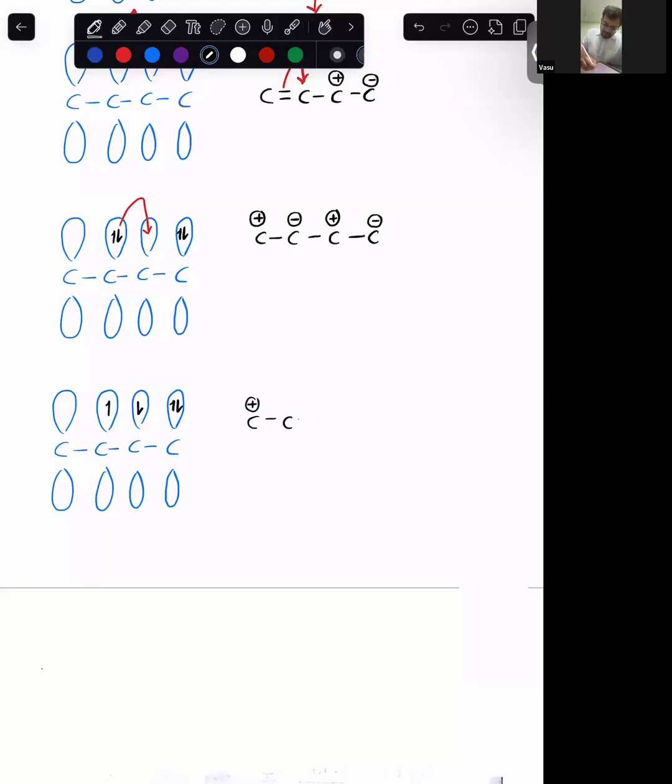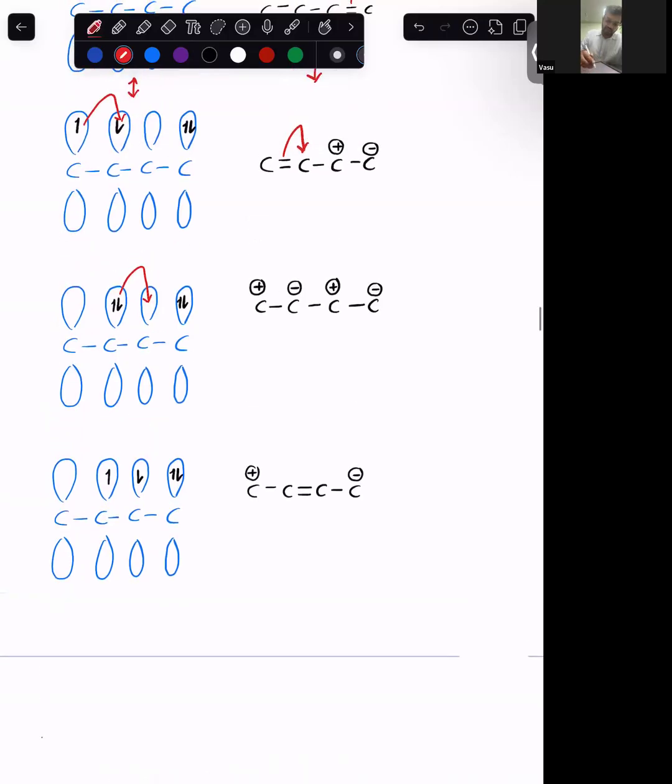Now this carbon won't have any charge. You formed a pi bond between those two, and this has a negative charge. Agreed? So wherever you see positive and negative side by side, you can always form a bond between those two. So I have formed a pi bond between these two, and I got this. Understood? Okay.